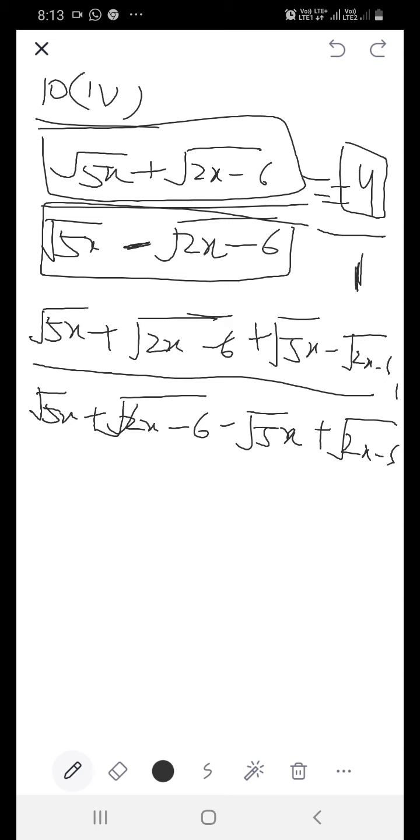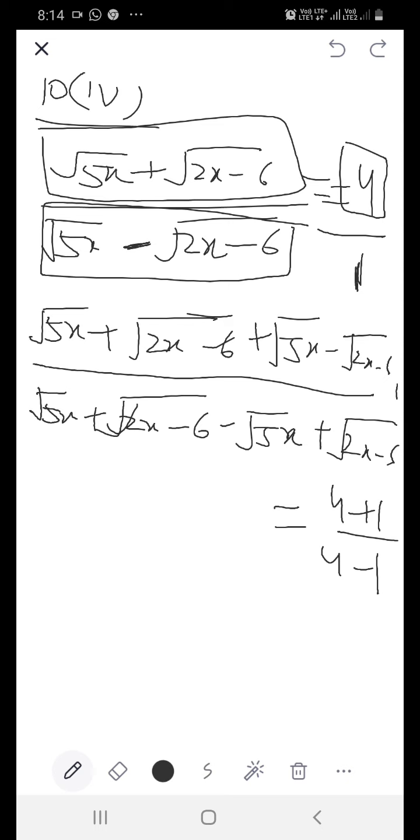This is your left hand side. It is equal to the right hand side, which you also have to write, c upon d. That is 4 plus 1 upon 4 minus 1. This is c plus d upon c minus d.